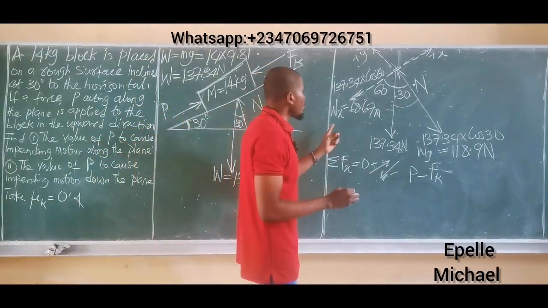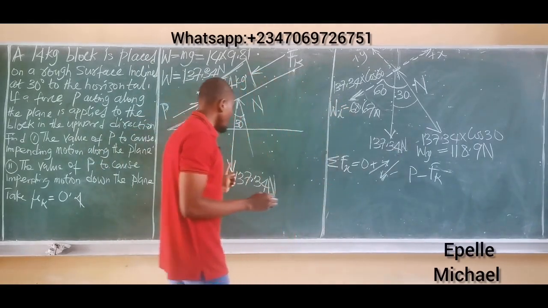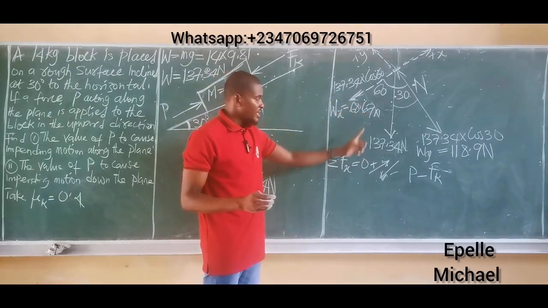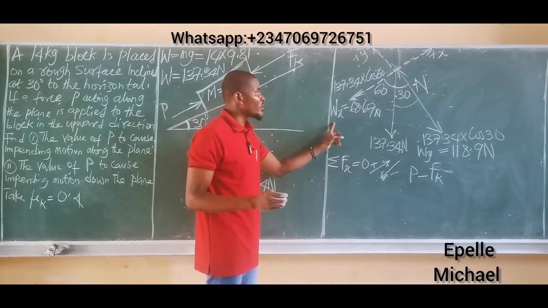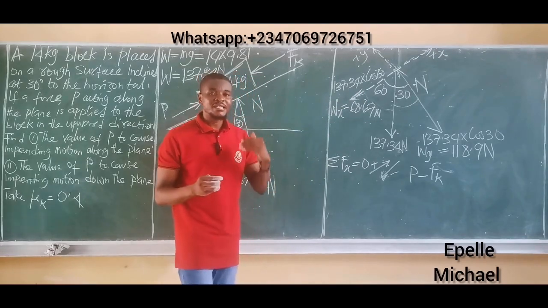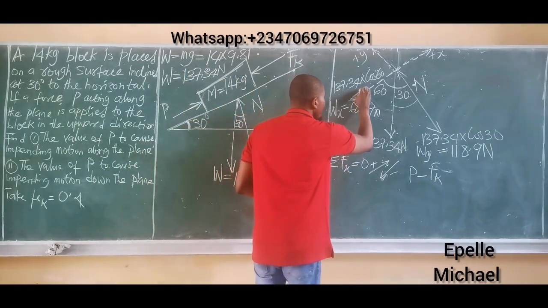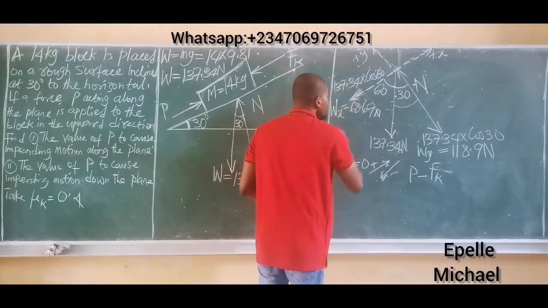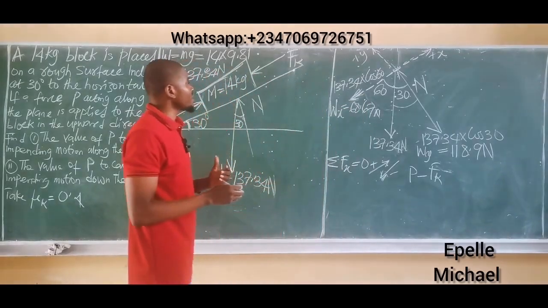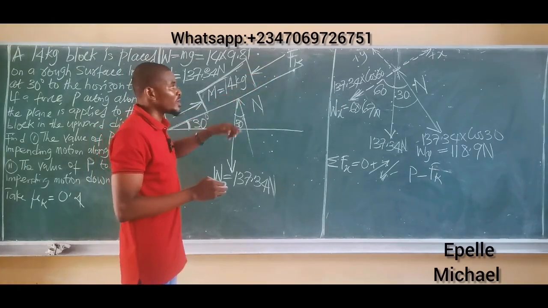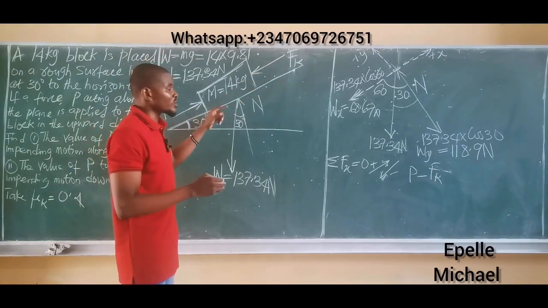But not forgetting, we have resolved this weight in the plane of motion, that is to the x direction. Remember summation Fx, and this is Wx, which is a component of the weight in the horizontal direction inclined. Observe that this arrow is pointing down the plane when we resolve this weight. So the weight component is in the same direction as the frictional force acting down the plane, opposing the motion of this object.